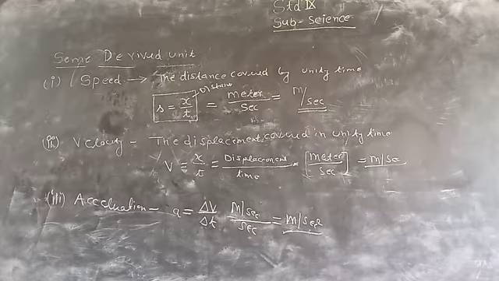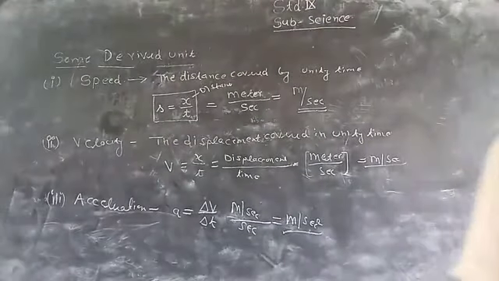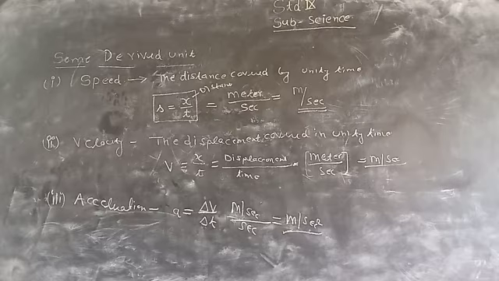There are 7 fundamental quantities, and every derived quantity is created by the use of these fundamental quantities. Speed, velocity, acceleration, force, work, these are all physical quantities related to derived quantities.